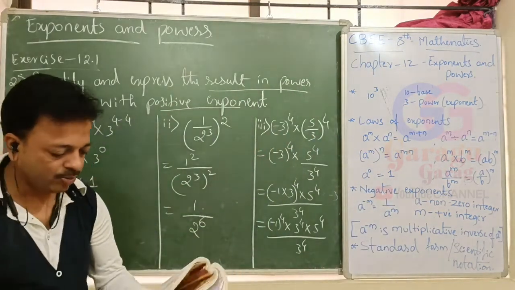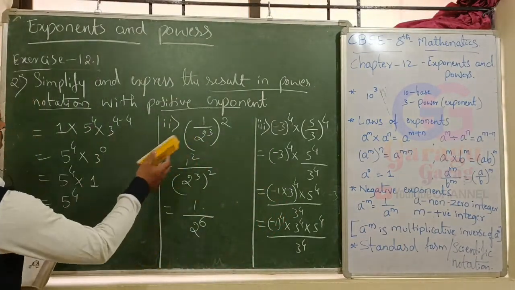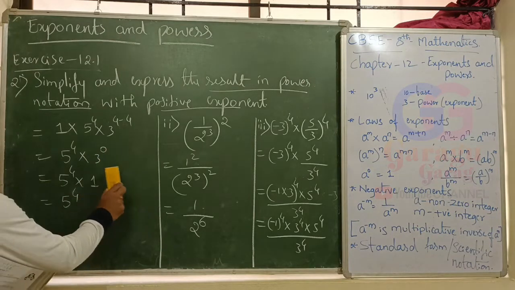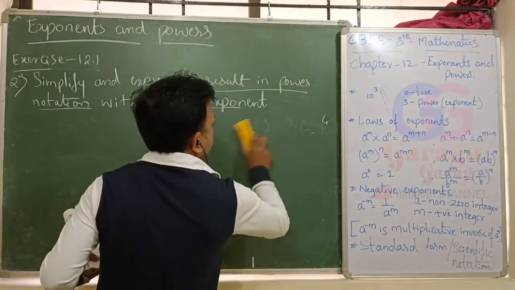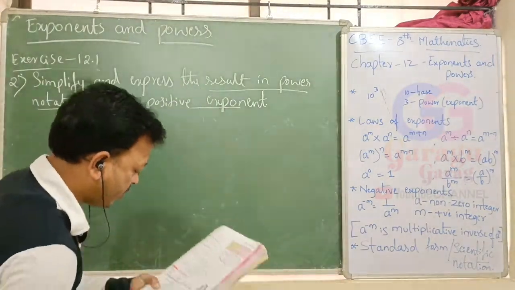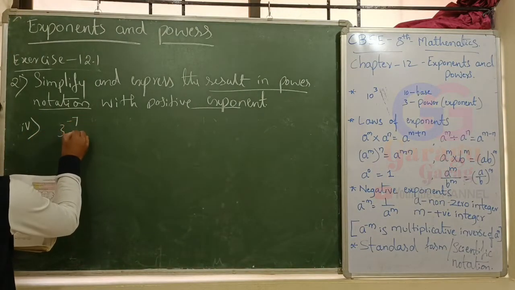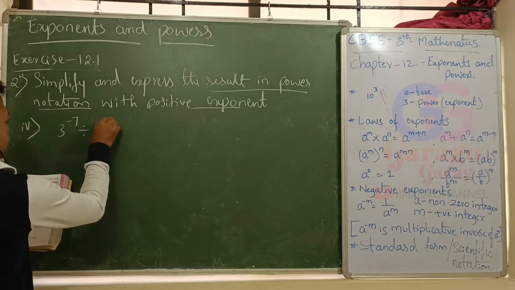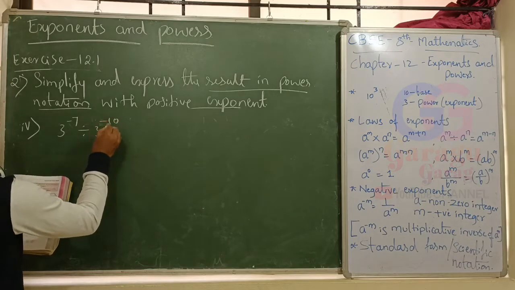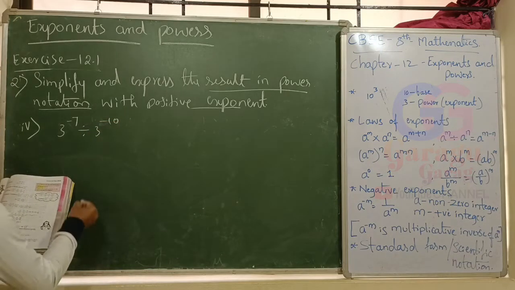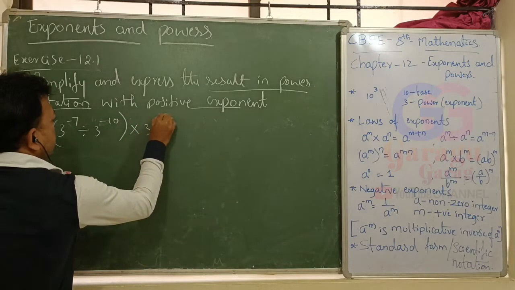So next one. In this third question only, first, second, third. Okay. Next one, fourth one: 3 raised to minus 7 divided by 3 raised to minus 10 multiplied by 3 raised to minus 5.